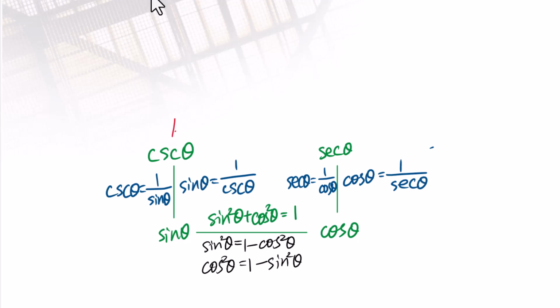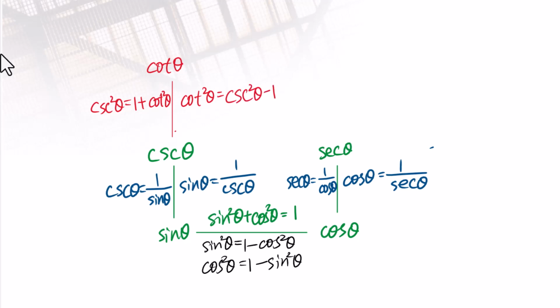From cosecant theta, we can get cotangent theta. We do know cosecant squared theta equals 1 plus cotangent squared theta, while cotangent squared theta equals cosecant squared theta minus 1.